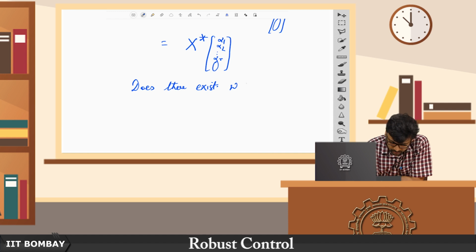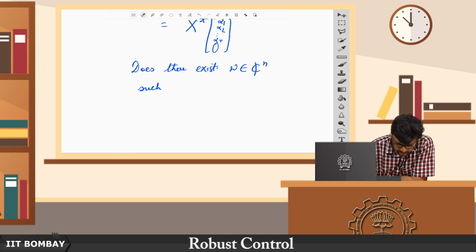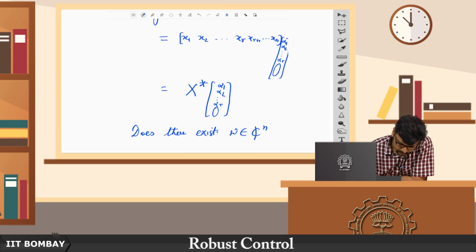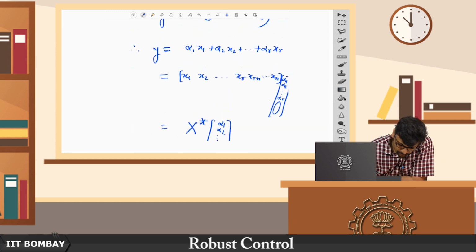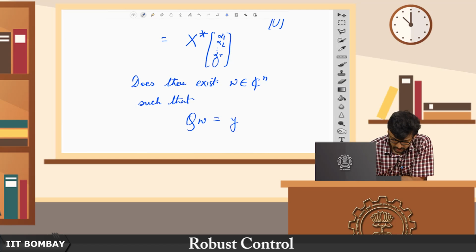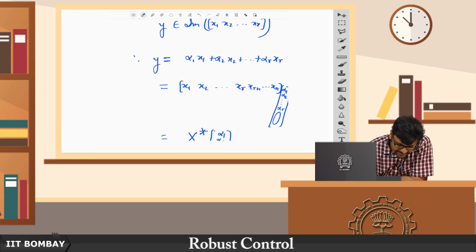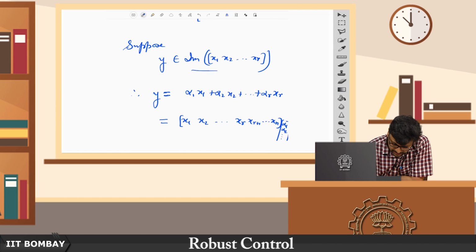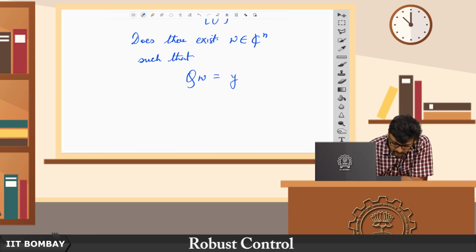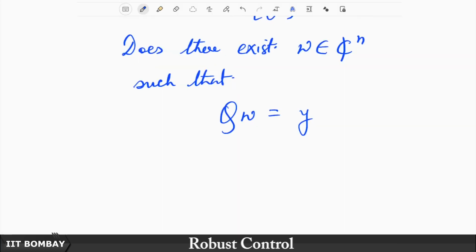W belonging to Cn such that Q times W is equal to Y. If so, then I would have proved that any time you pick a Y that belongs to the image of this, it also belongs to the image of Q, because that is the definition. When something belongs to the image of Q, it means that there exists some W such that Q times W, so Q acting on W maps to that particular vector.